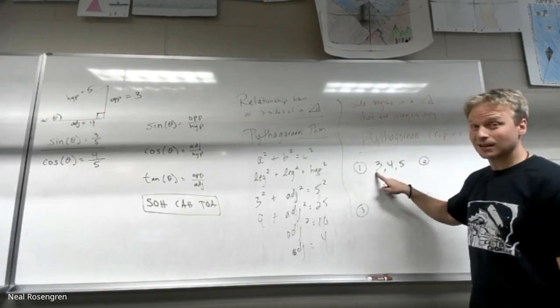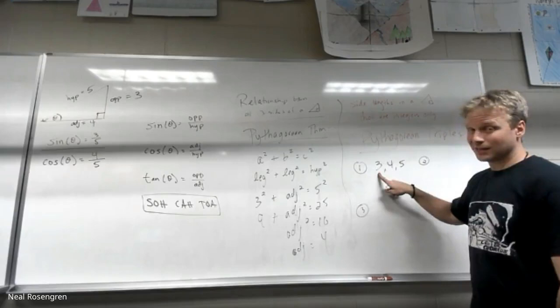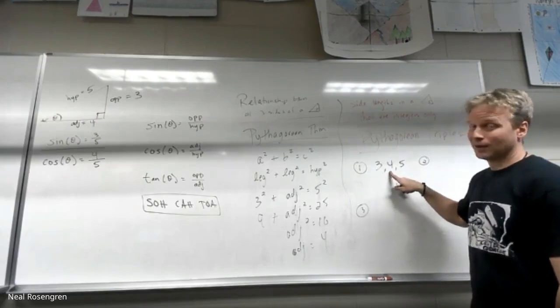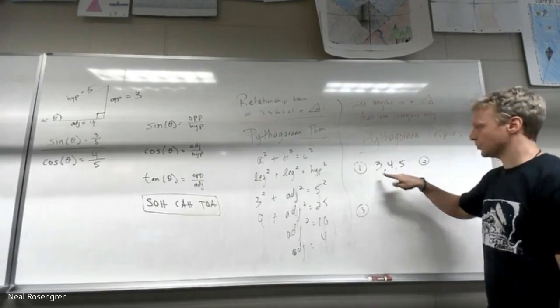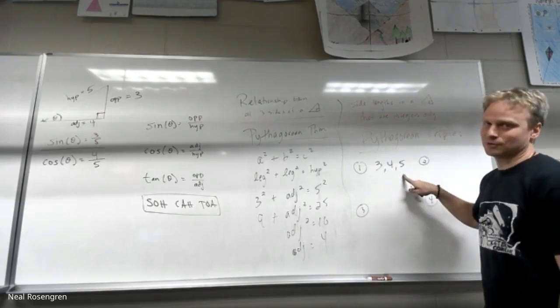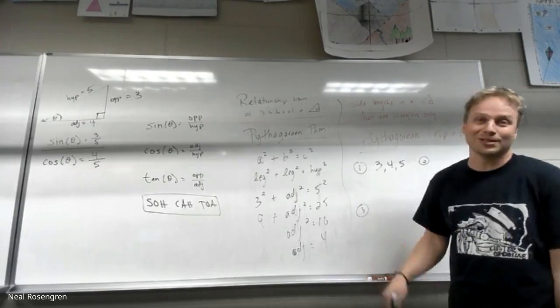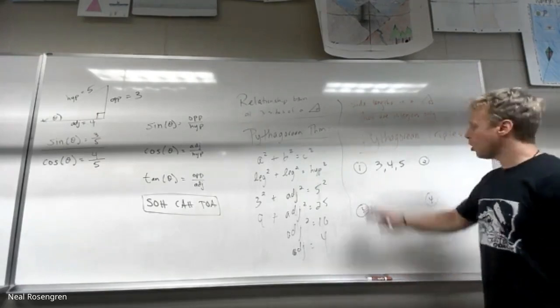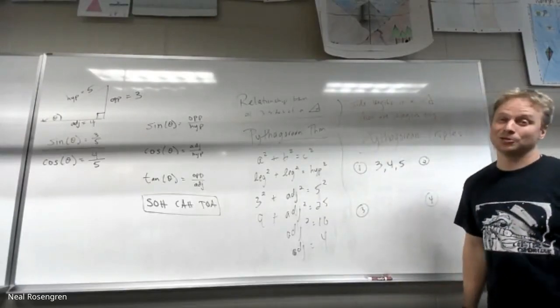Like 6, 8, 10: 36 plus 64 is 100. Or you could do 30, 40, 50. 3,000, 4,000, 5,000. 3 over pi, 4 over pi, 5 over pi. No, those aren't integers, but they still work. All of the multiples of 3, 4, 5 are side lengths in a right triangle, right?